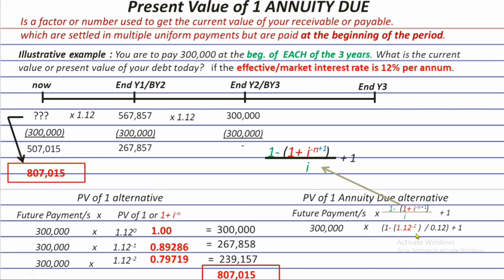And we are supposed to get a factor of 2.69005, rounded off to the nearest 5 decimal places. Okay? So 300,000 times 2.69005 equals 807,015. So this is the same as this one and this one.